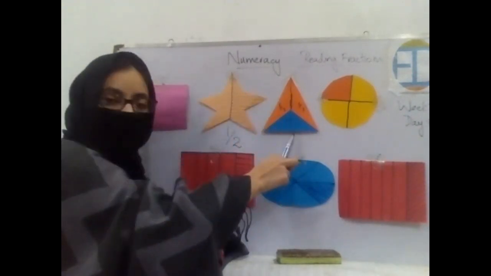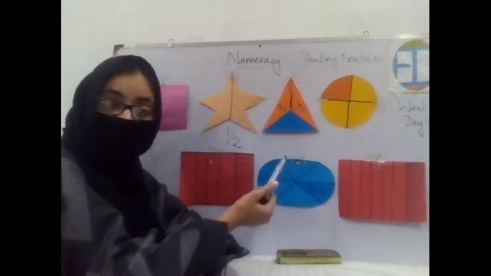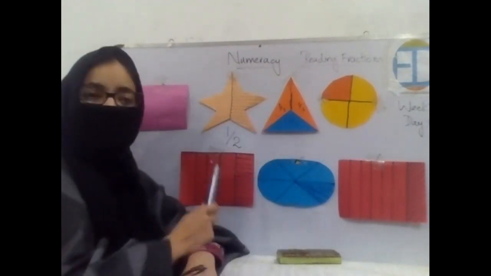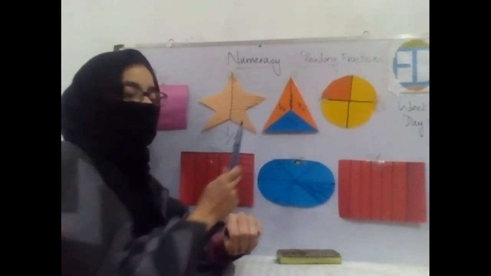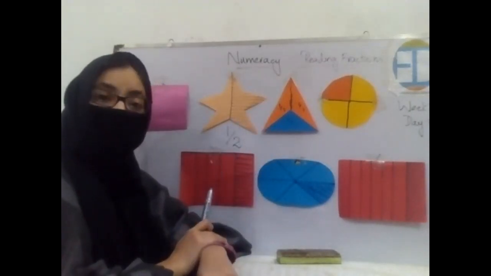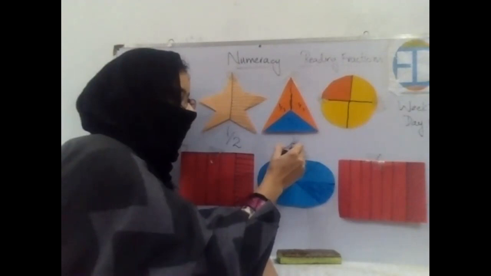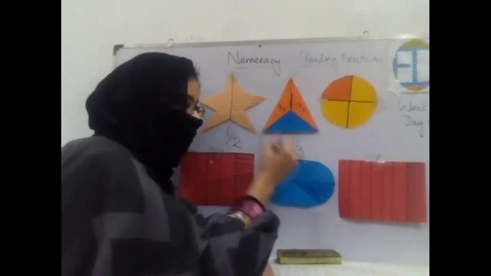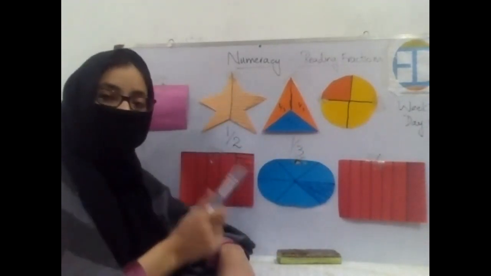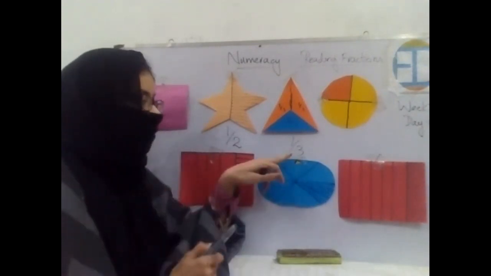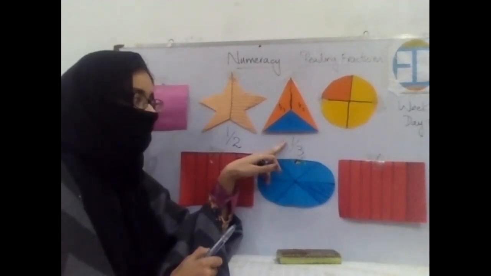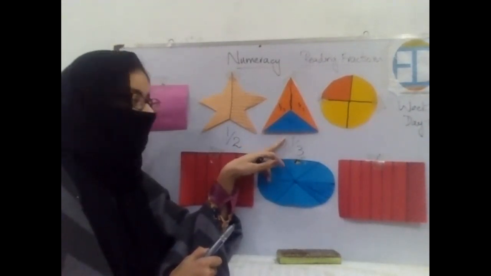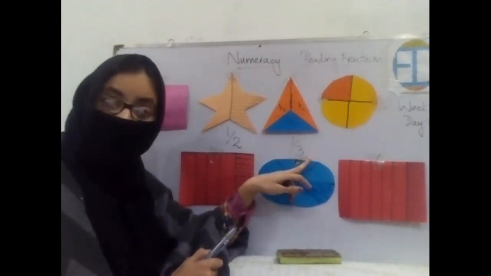Look at this one. It's a triangle, right? How many parts is it divided into? Three. Excellent. And how many of its parts are in blue color? 1. And what is the total number of parts? 3. Now tell me, what is the ordinal number name for number 3? Third. So we will call this fraction 1 third.